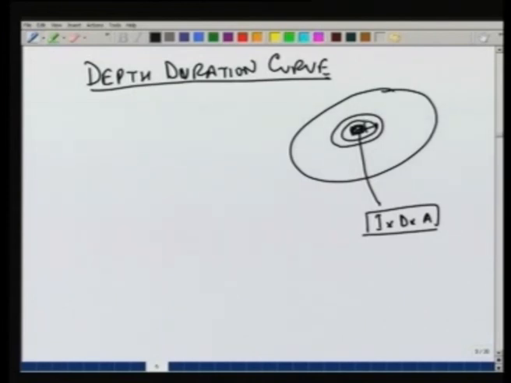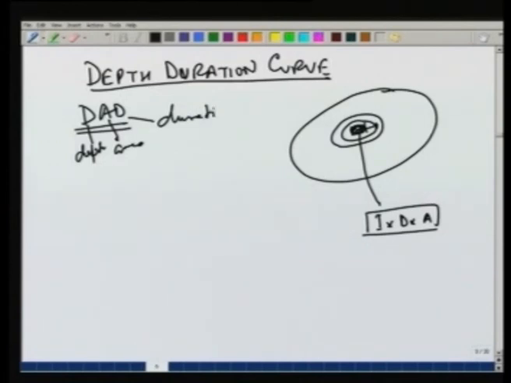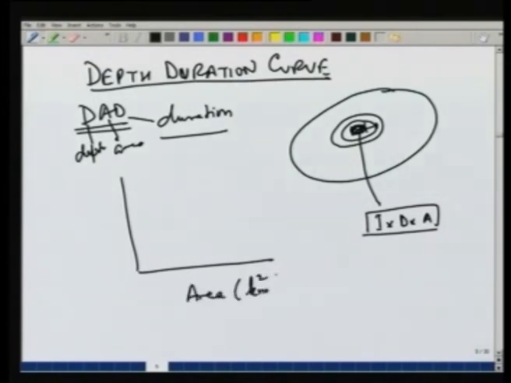So, in order to know how the depth is affected with the area, we have these depth duration curves or depth area duration curves, it's commonly known as DAD curves, depth area duration, and what it shows is a curve where area, typically in square kilometers, versus some depth of rainfall.